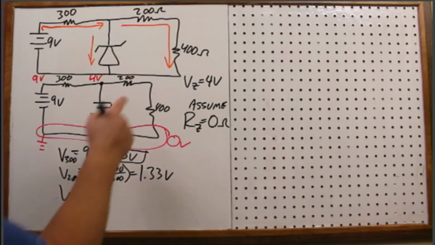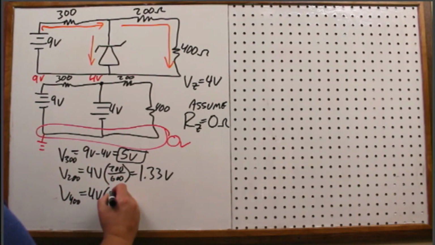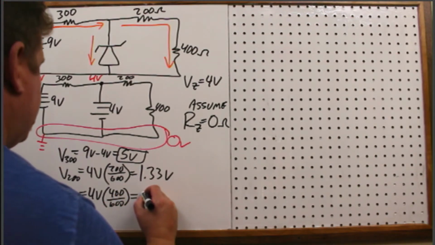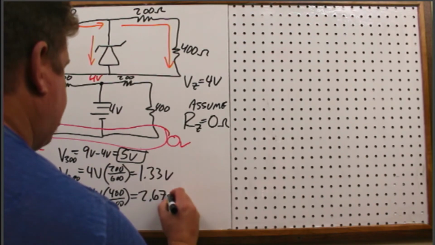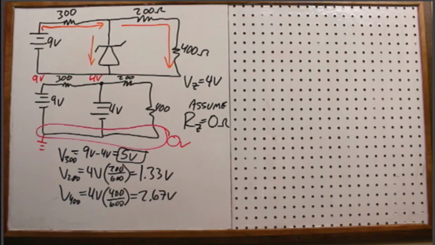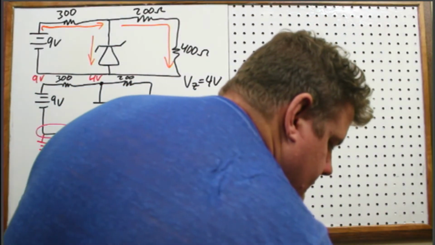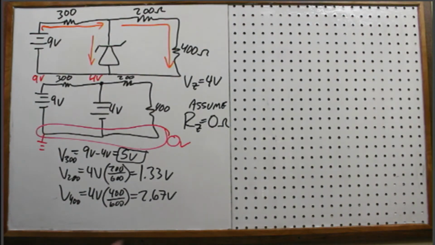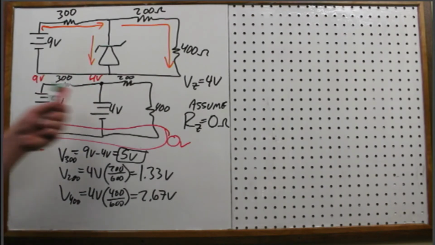And then the voltage on the 400 is 4 volts times, this time, 400 over 600. So 2/3 of 4, which is 2.67 volts. Okay, in either case, we could find the current through there, but we could also find this total current as well.